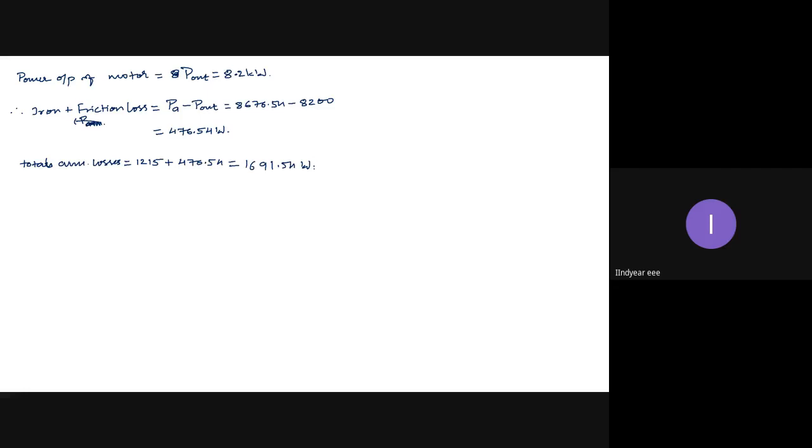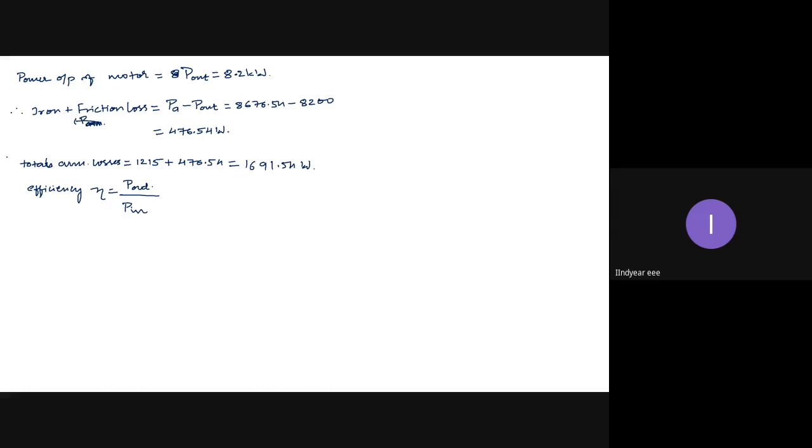What is the input? So efficiency is equal to P out divided by P in.